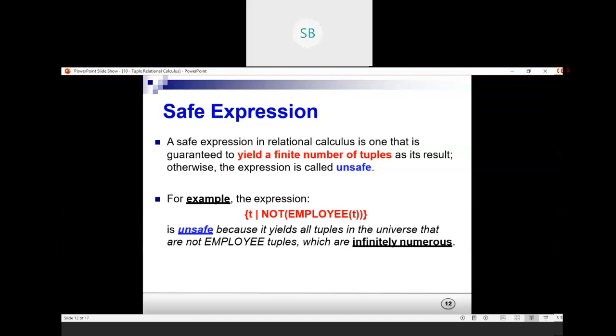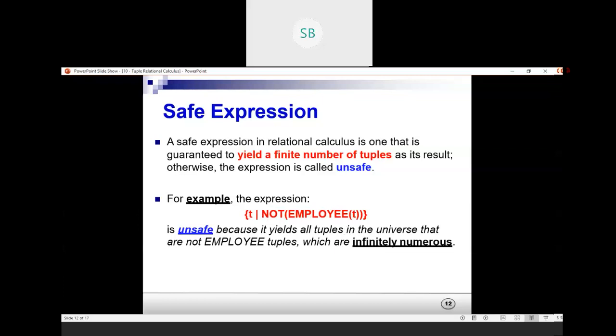In that case, it can be infinite number of tuples, because there is not a single table in a database, right? In the database, we can have multiple tables. Since we have given the expression as not Employee of T, it will list out all the tuples that are present in the other tables.